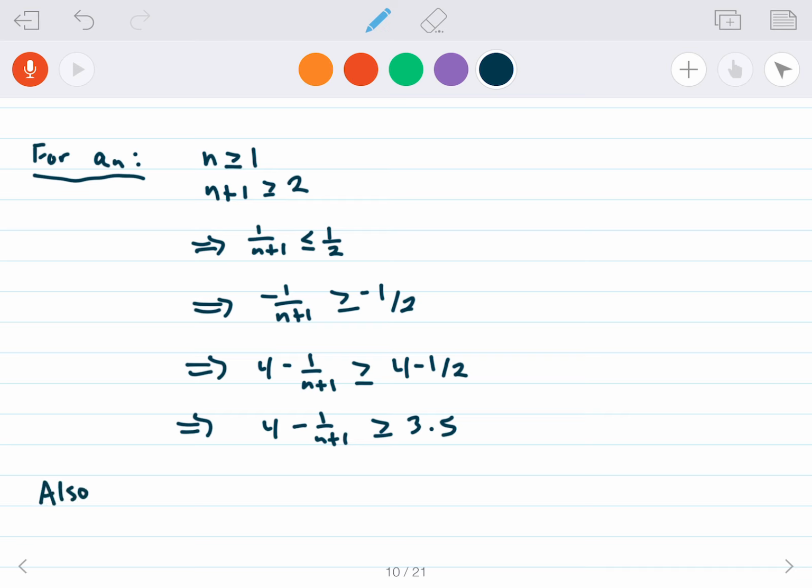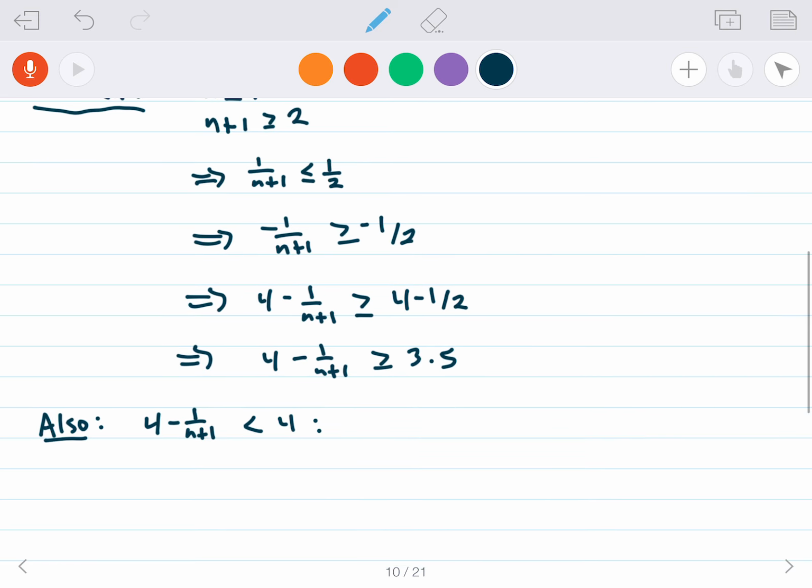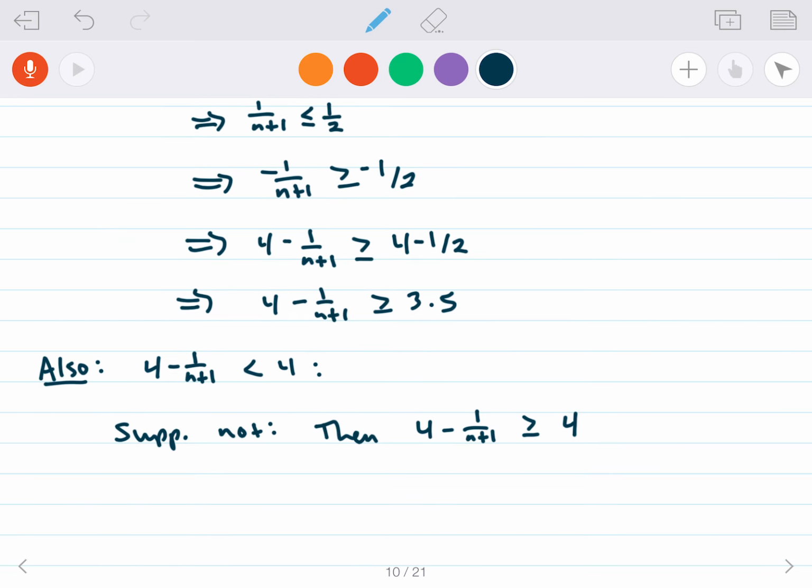So also, okay, because suppose not, then 4 minus 1 over n plus 1 will be greater than or equal to 4, and we end up with a contradiction. If we subtract 4, we get negative 1 over n plus 1 bigger than or equal to 0.